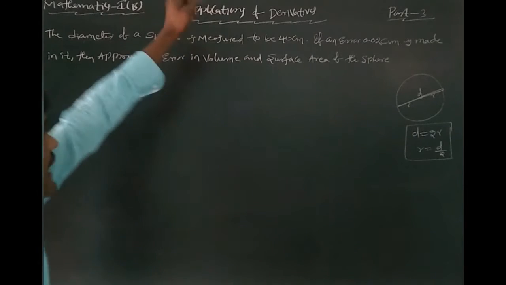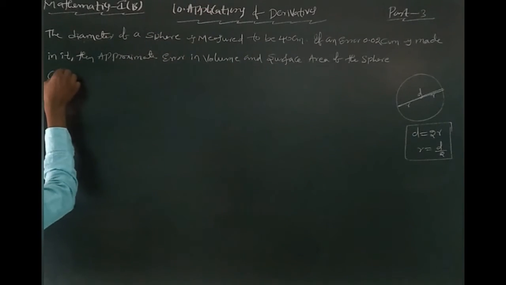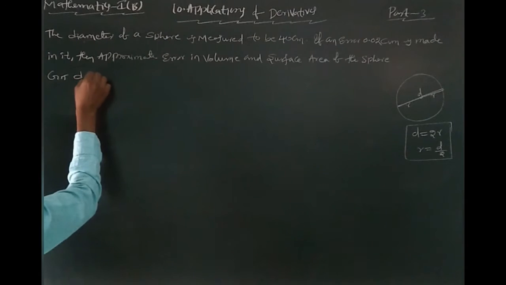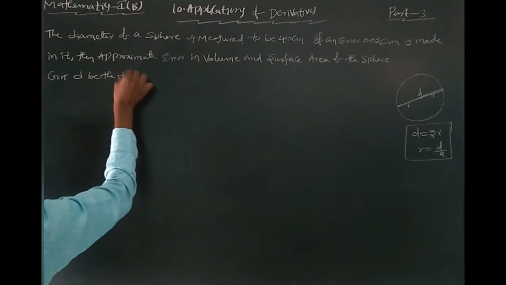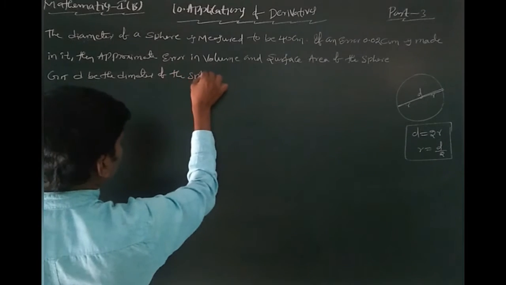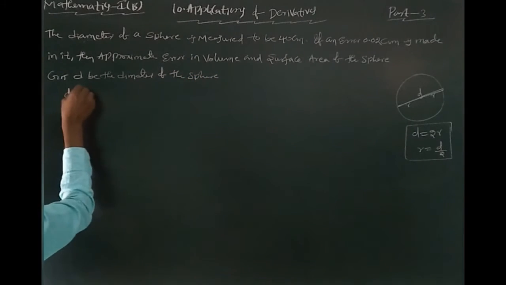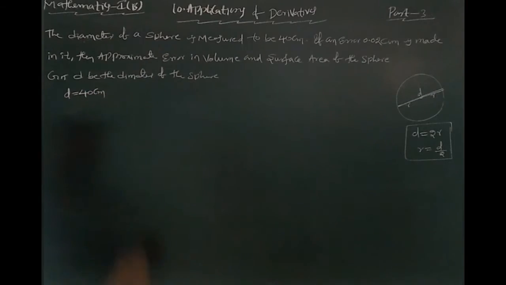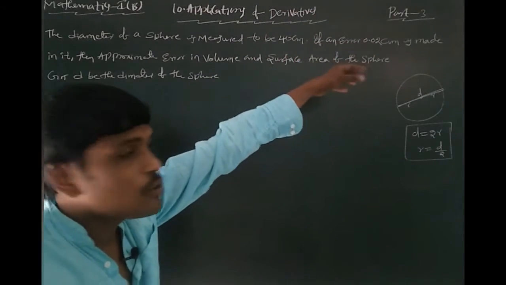See students, here diameter is given. Suppose D be the diameter of the sphere, then D is equal to 40 centimeters, given. Error of the diameter is also given.